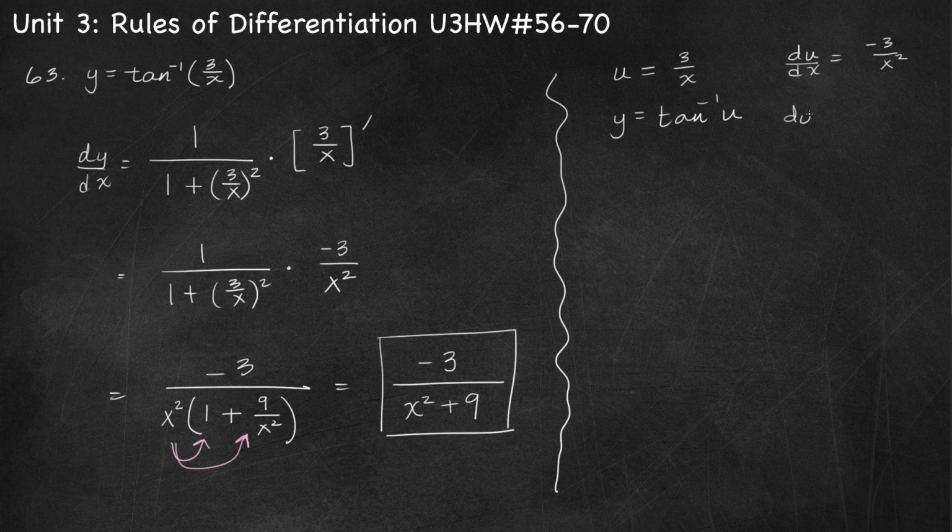I take the derivative of my outside function with respect to u, and that's 1 over 1 plus u squared. And then I substitute in for u the 3 over x, so I get 1 over 1 plus 3 over x squared, and I multiply the derivative of the inside function times the derivative of my outside function, which will give us the same result we had on the left.